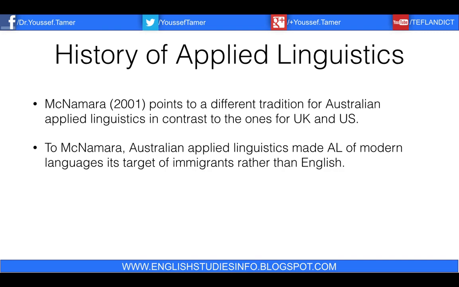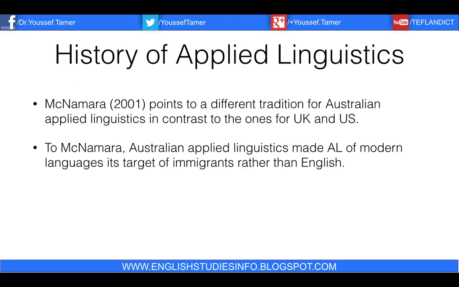Now, what happened for this Australian school of applied linguistics is that they started to shift the focus a little bit, not only on English, but also they tried to take into account the language of the immigrants and the inhabitants, both of them: how they use language and how they learn language.